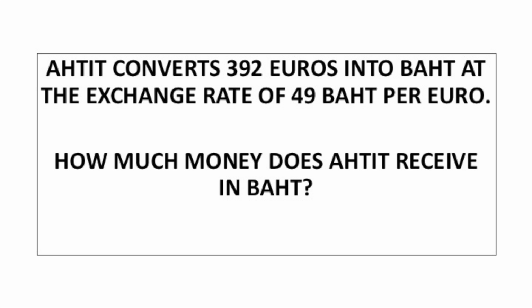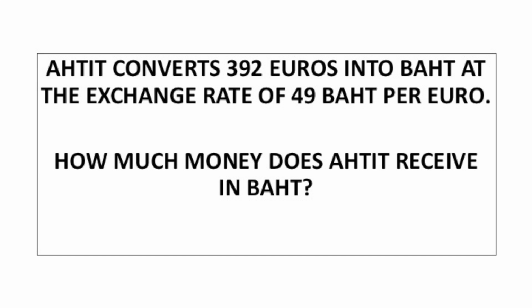Okay, so when we're looking at working out word problems, the first thing we need to do is identify the numbers. So what number can you see here, guys? Yes, and then the second number. So what do we think our multiplication problem is? 392 multiplied by.